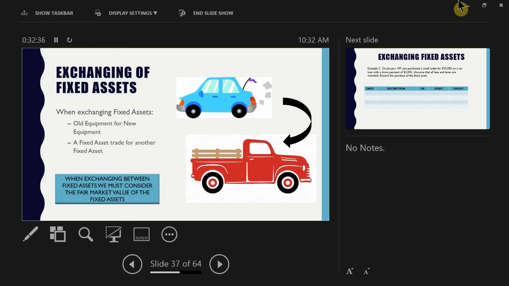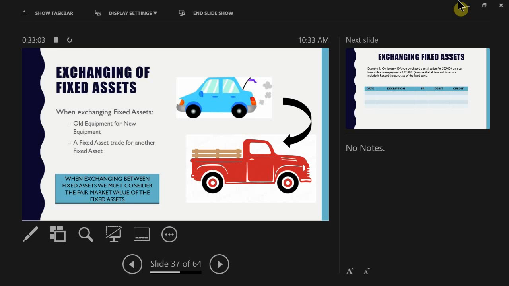Now, in this case, there's many ways around it. You can do an even exchange, or yes, you can pay more for that option. We call that boot. Now, I didn't talk about boot because that's pretty straightforward. If an asset is going to be more, you obviously are going to pay the difference, which is boot. You pay an extra bundle of cash to buy the asset that you want.